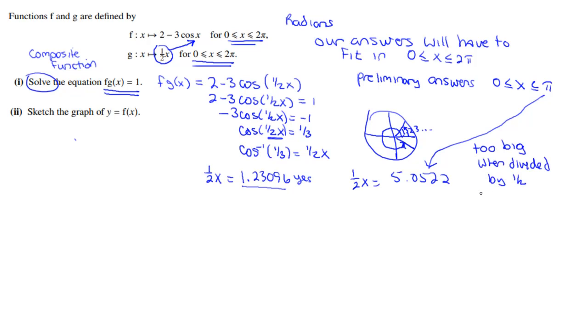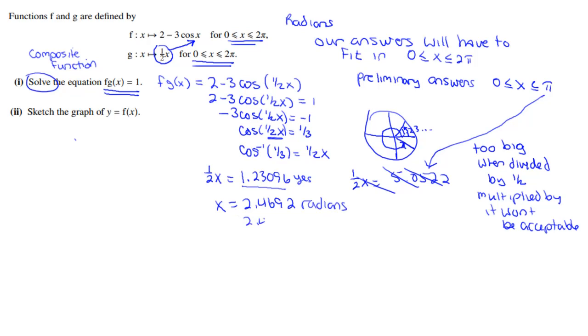If I take that and divide it by 1/2, it's going to be bigger than the number I'm allowed to have. So I'm not using it. It's unacceptable. So I only have the one number to deal with. When I divide it by 1/2, I get 2.4692 radians, or 2.47 radians. And clearly, if I add 2 pi or subtract 2 pi, it's going to be out of the range.